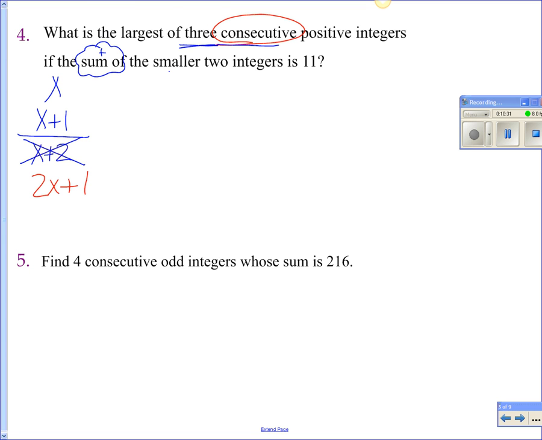Good. 2x plus 1. And Mary, what am I going to put after that? Very good. Equals 11. Okay. All right, Elizabeth, help me solve this whole thing. Tell me what to do.